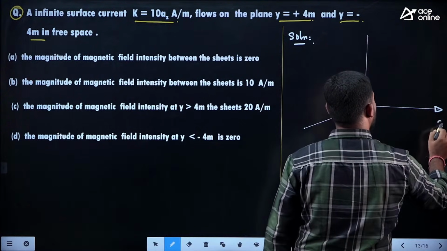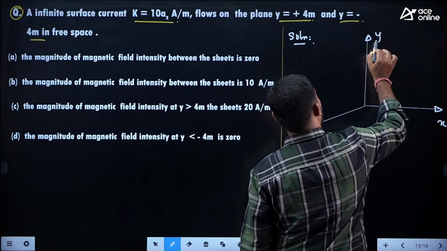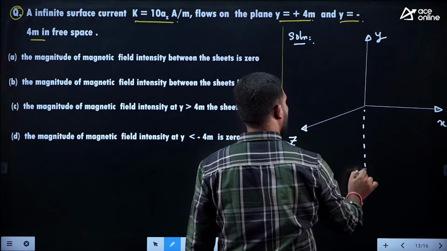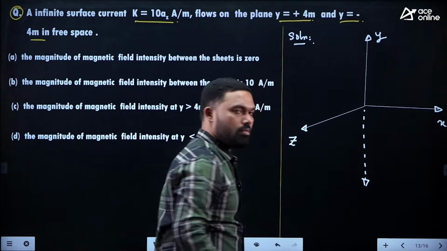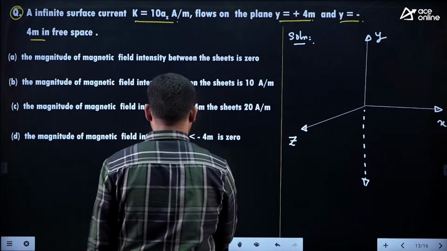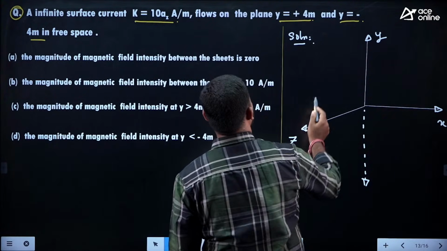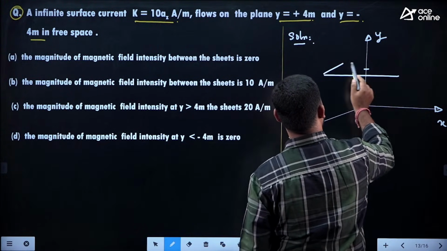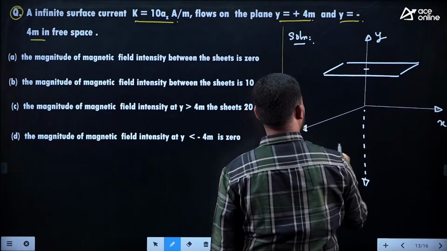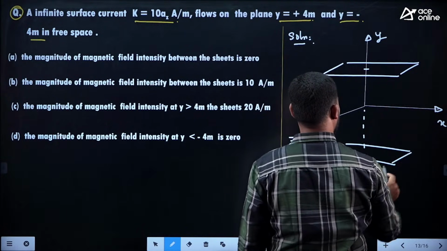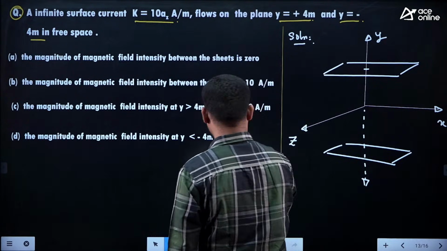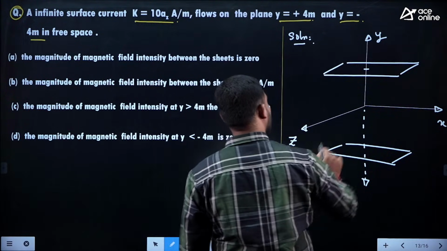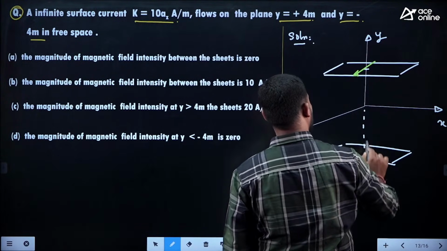So this is x, this is y, and this one is z. Where this infinite sheet is located, y is equal to 4 meters. So the current is flowing in the z direction. It is the infinite sheet, current is flowing in the z direction like this.